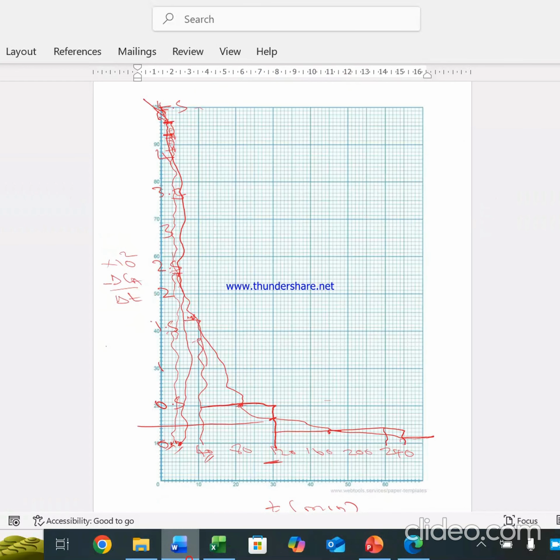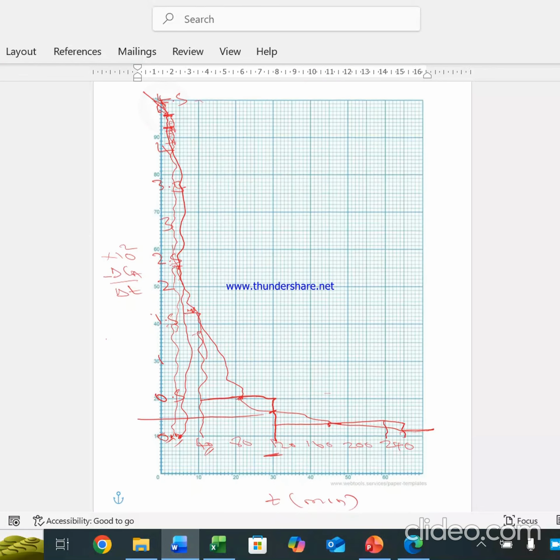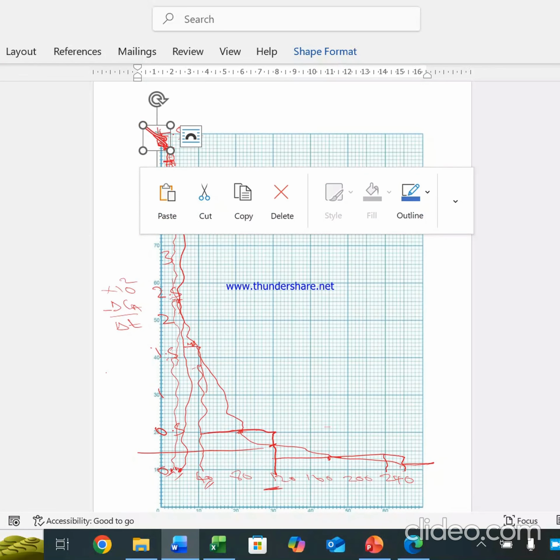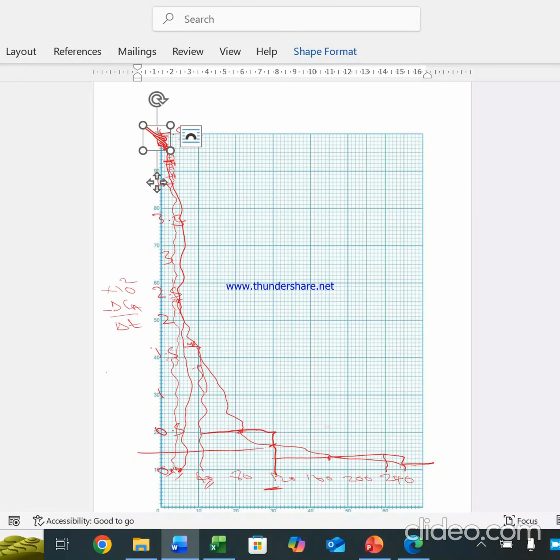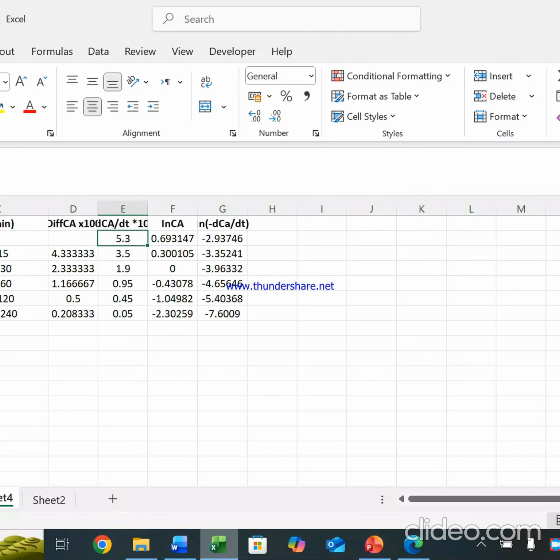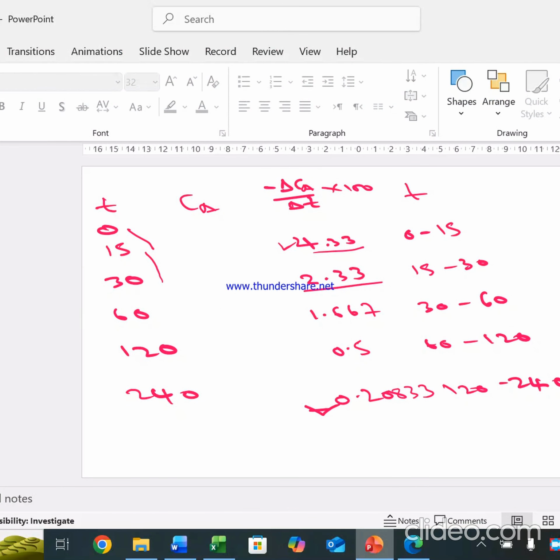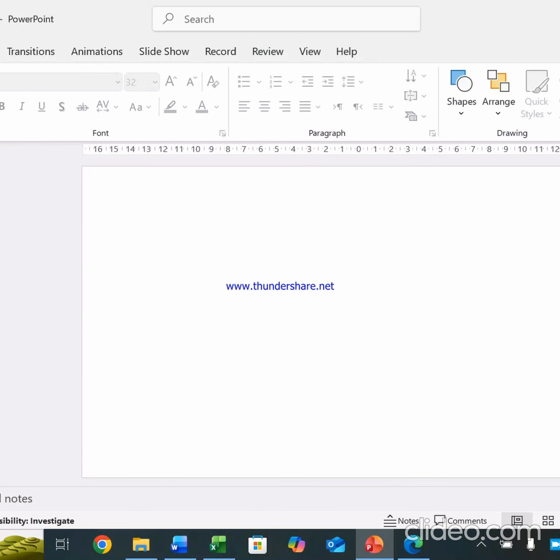That is at this point where the curve cuts the y-axis. So we have it as 5.3. At 0.15 of time, we have 3.5, 1.9, 0.95, 0.45, 0.05. So those are the dCA/dt points.